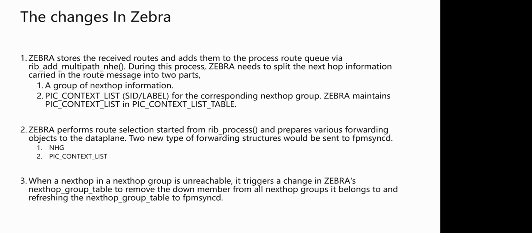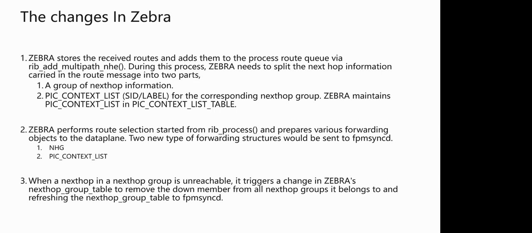Because, like I say, a group of next hops is basically the BGP group, right? So if the BGP goes down, you want to be able to update that first before updating all the VPN context. So the VPN context is on a per route basis? Could be on a per route basis, right?